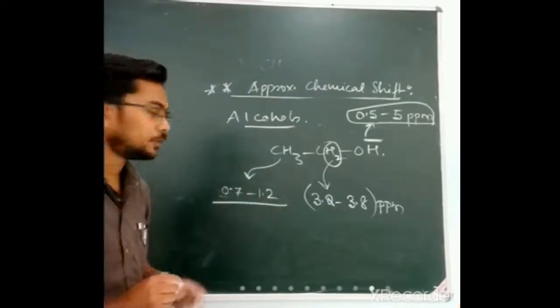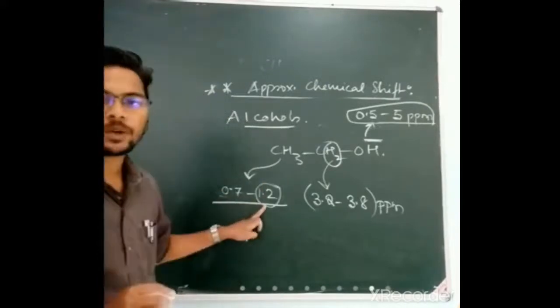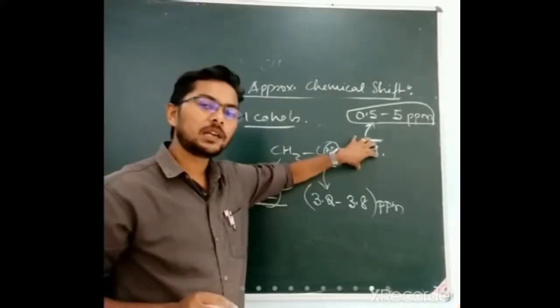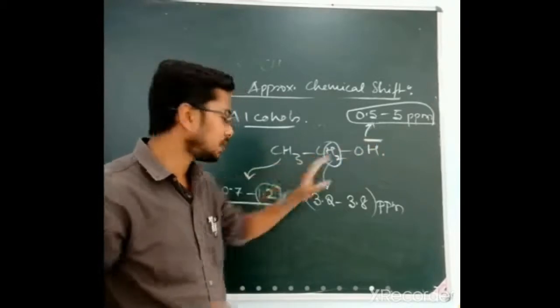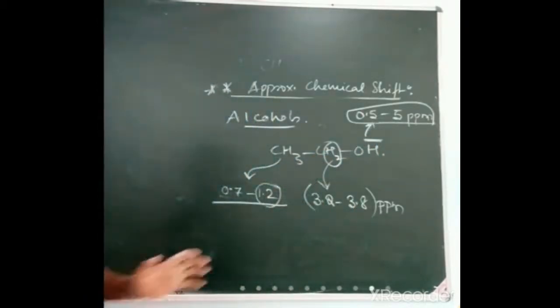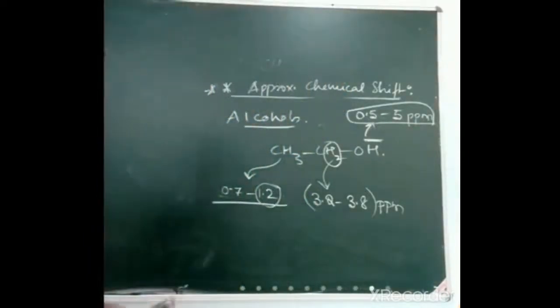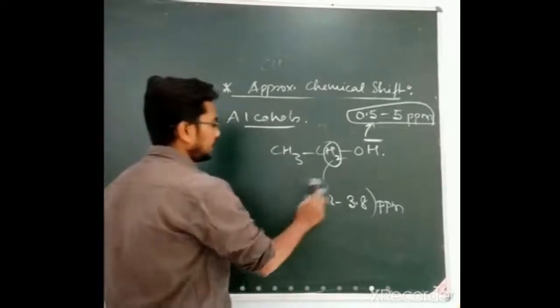Here you have to see the spectra in the region of 1.2, because an extra electronegative element is now present, so it moves towards the more deshielded range that we discussed in the alkane part.